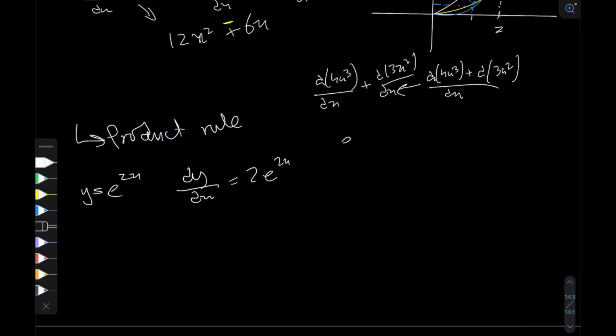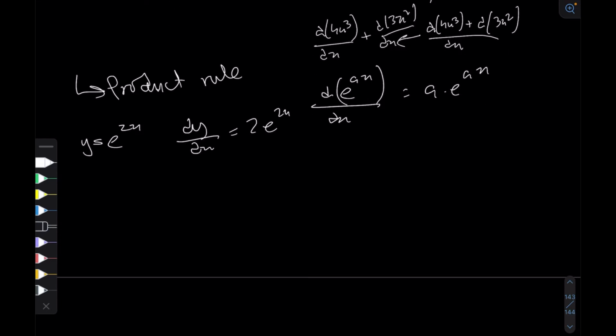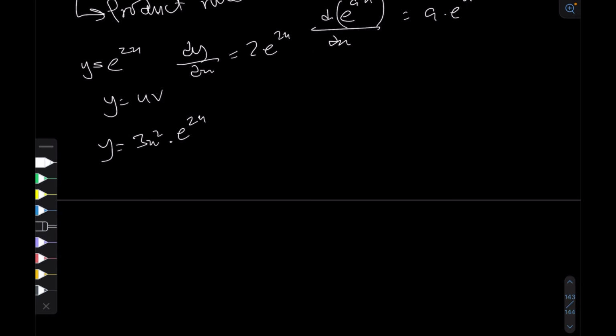Generally, for any e to the ax, its differential would be a multiplied by e to the ax, right? So what if you have something where two things are being multiplied? So for example, what if there's 3x squared multiplied by e to the 2x? How do you differentiate this?